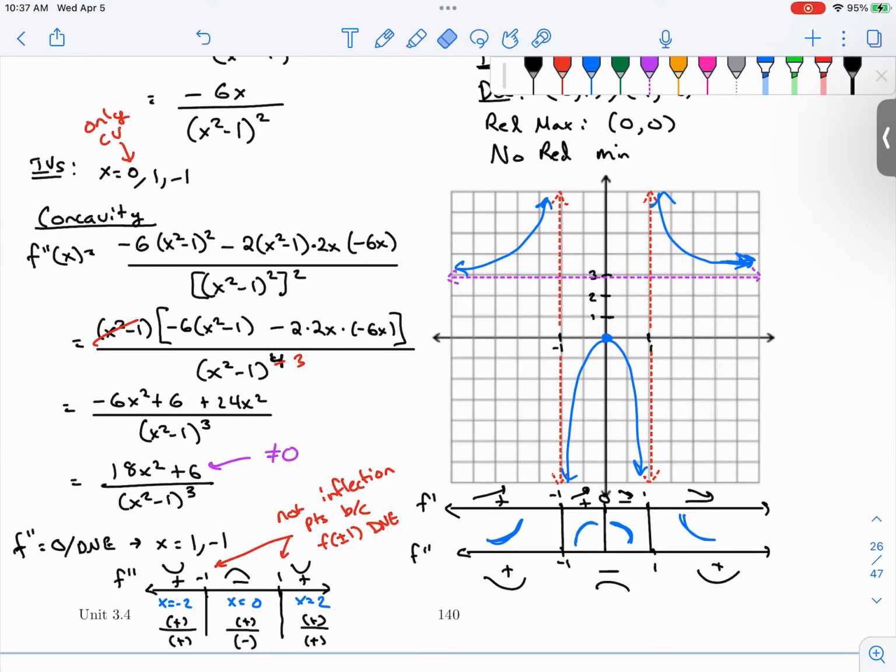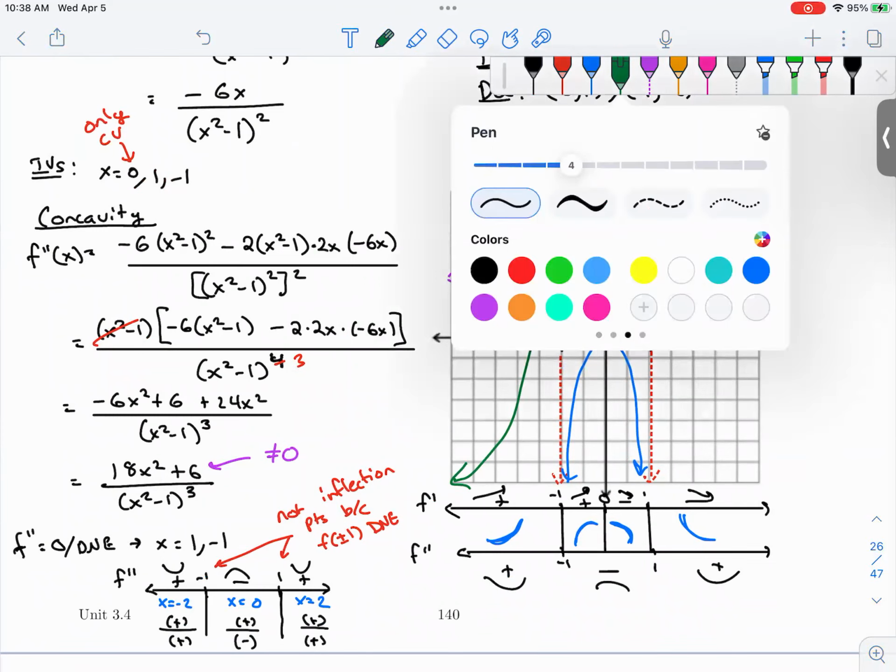How would I know if this didn't just start down here and go up, or this one did? Good question. I'm going to erase this piece for just a moment. How do we know, for this first one, it doesn't go like this? Anybody want to answer? The horizontal asymptote. It has to hug that.